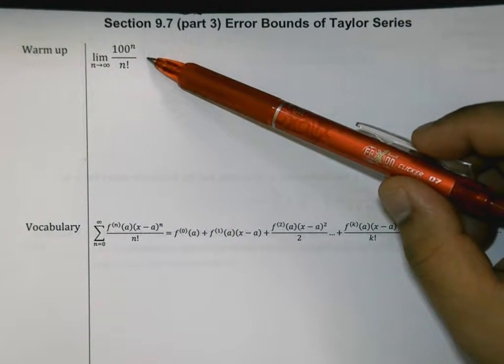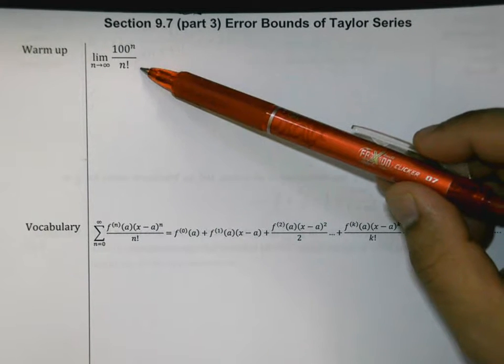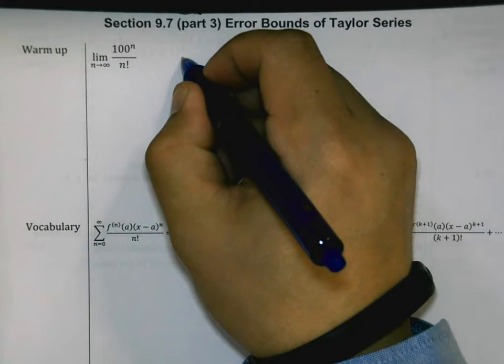So another way that this question can be phrased is, which function grows faster, the exponential function or the factorial function? To gain a little bit of insight to this, we could list out some of the terms.